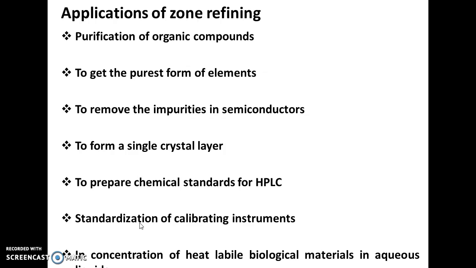It is used to prepare chemical standards for HPLC experiments, and it is also used in the standardization of calibrating instruments, and in the concentration of heat labile biological materials in aqueous liquids.